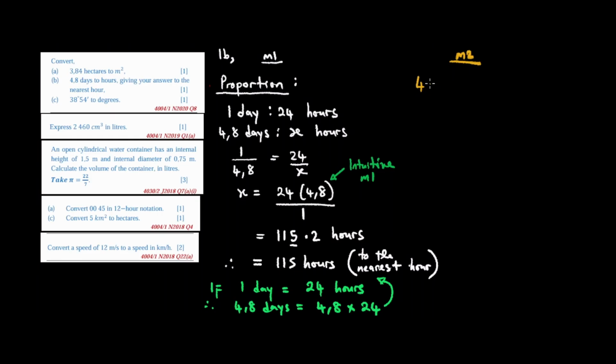You wrote 4,8 days, and then you said this is going to be equal to 4 times 60. I'm paraphrasing the method you used. You converted 4 days into hours. I'm sorry, 4 times 24, and then you said plus 8.